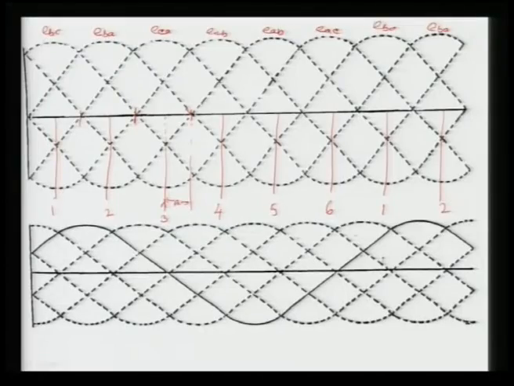Suppose 1 is being fired here, which means before that 5 and 6 were conducting during this period. There will be some commutation in this period, and I can say here 6 and 1 will be conducting, and in this period 5, 6 and 1 will be conducting. Once 5 and 6 were conducting, what will be the output voltage here? I am talking about this minus this.